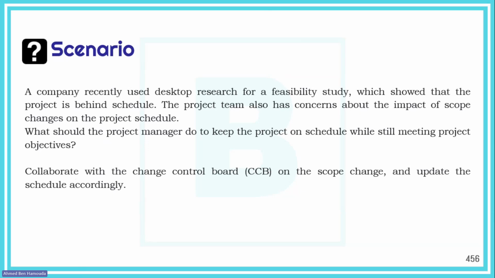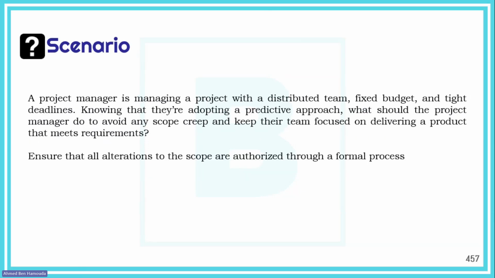All right. Of course, if we would like to keep the project on schedule, then here you definitely might want to consider some alternatives such as fast tracking, maybe crashing if that's permitted, etc. Okay, let's have a look at another scenario.